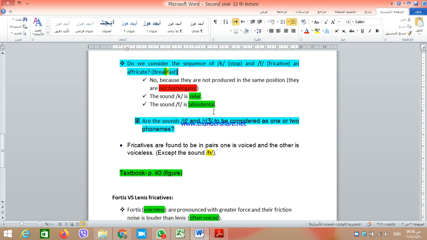No. Why? Because they are not pronounced in the same position. The two sounds, k and f, are not homorganic. K is a velar sound, while f is a labiodental sound. So in this case, we cannot make these two sounds an affricate, simply because they are not homorganic.